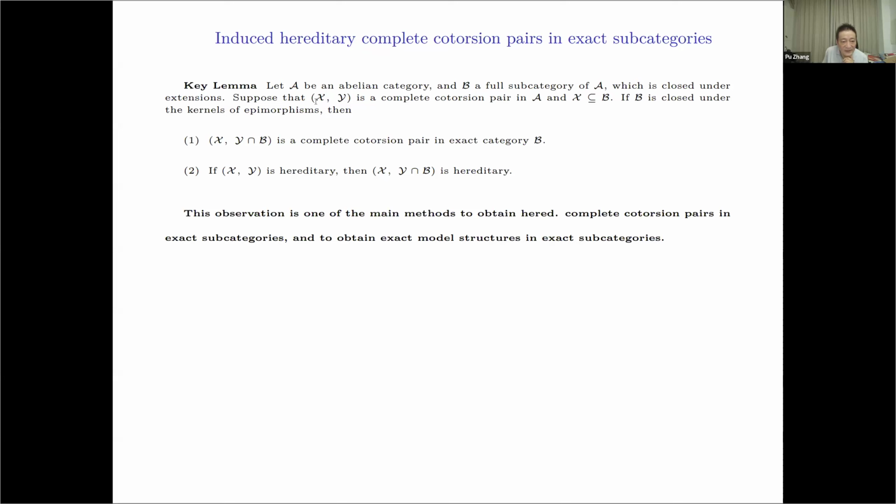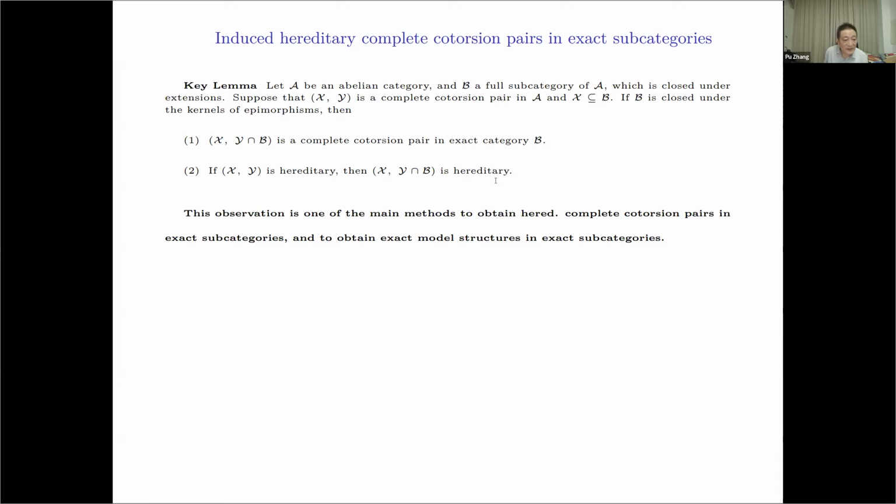So suppose that (X, Y) is a complete cotorsion pair in A, such that X is contained in B, and B is closed under kernels of epimorphisms. Then the restriction to B, (X∩B, Y∩B), is a complete cotorsion pair in B. And if the original cotorsion pair is hereditary, then this restriction in B is also hereditary.